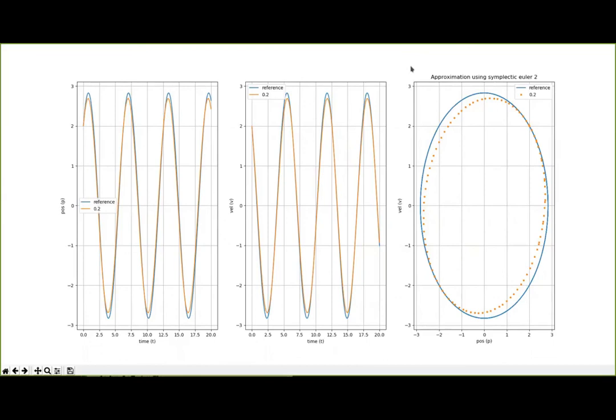And whereas the ellipsoidal shape for the first symplectic Euler method was outside of the blue curve and slightly tilted to the left, here we see that the ellipsoidal shape is inside the blue curve and slightly tilted to the right, so to speak. All essential statements are the same.